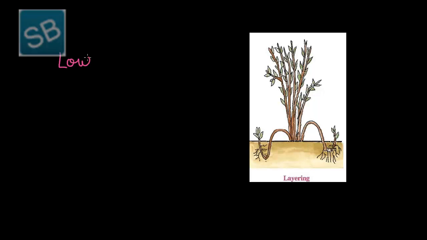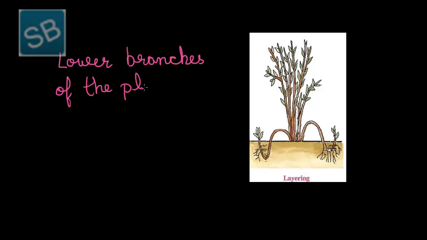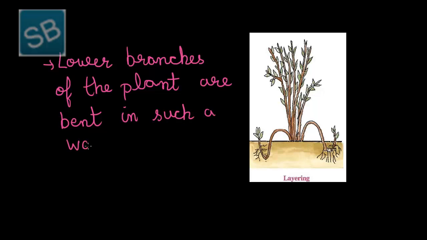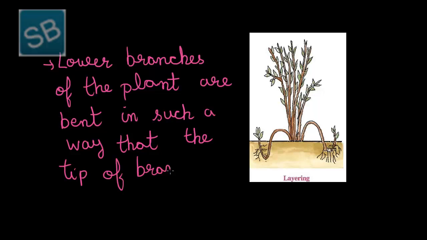Therefore, in this method, the lower branches of the plant are bent in such a way that the tip of the branch, that is this portion, remains above the soil.